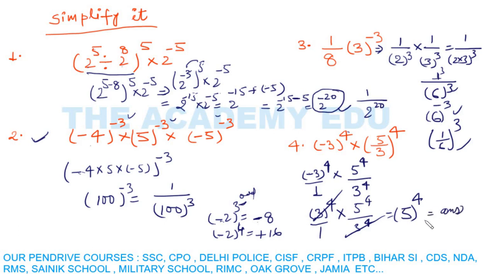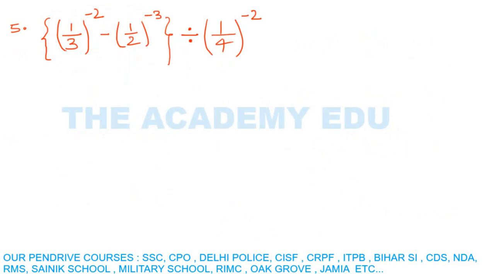Okay. Now move to the next question. See here. So now here we have (1 by 3 raised to the power minus 2 minus 1 by 2 raised to the power minus 3) divided by 1 by 4 raised to the power minus 2.